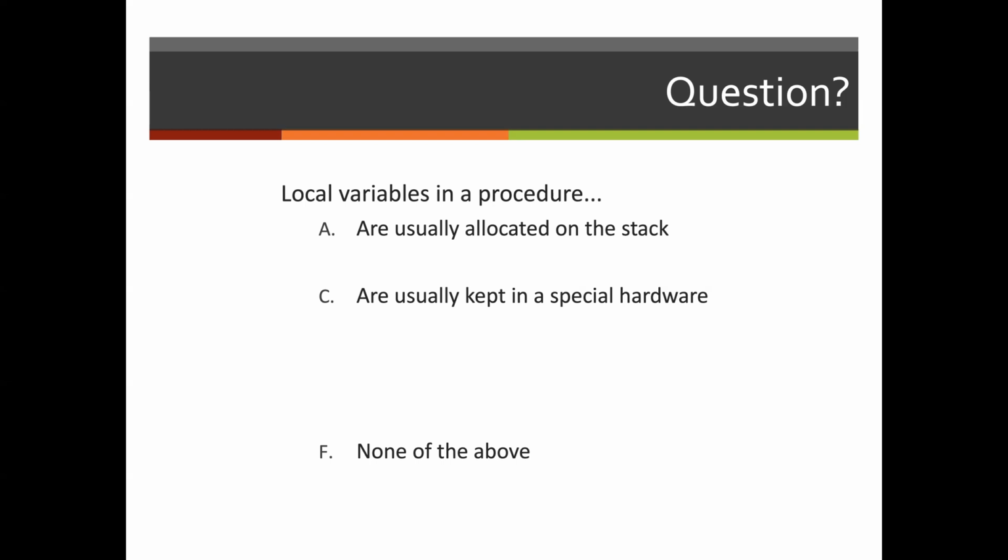And so that leaves us with 3 options. And we know that it won't be none of the above because they have to be stored somewhere. And so we can rule out special hardware because that would be too much of a cost for us. And so local variables are going to be stored on the stack in a procedure.